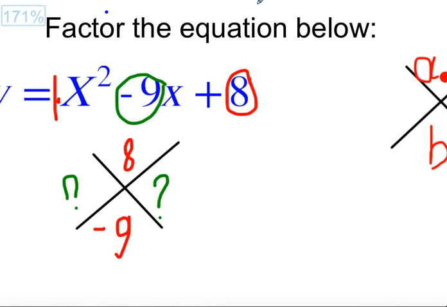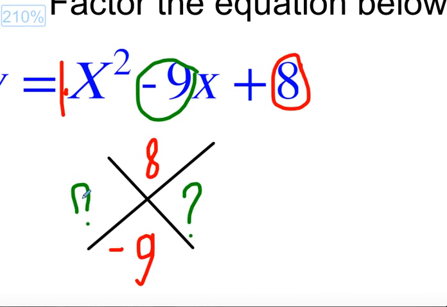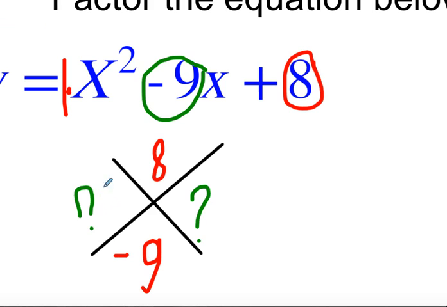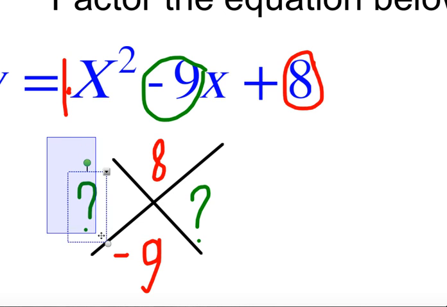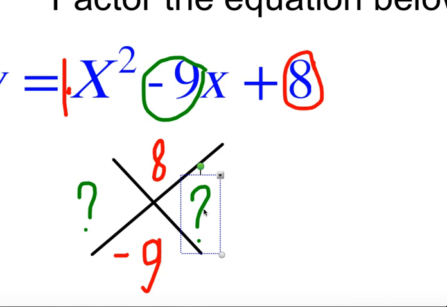I'm just going to focus on our diamond, our x. We're looking for two numbers here. On the right side we have to find two numbers that, if we multiply them, give us 8.